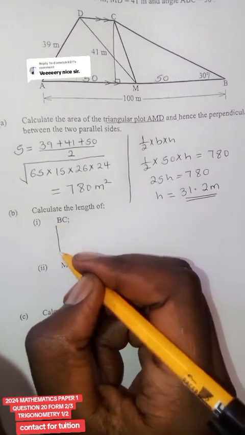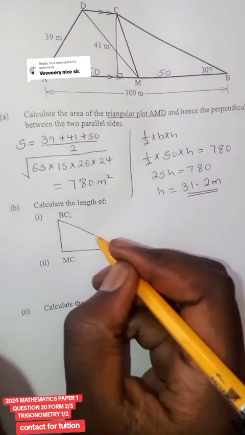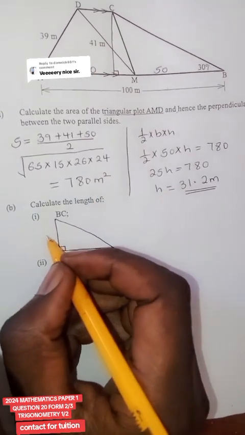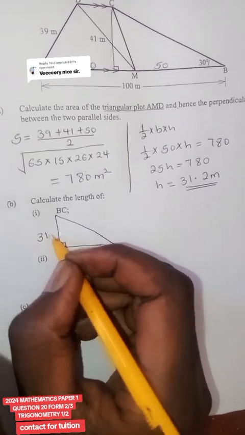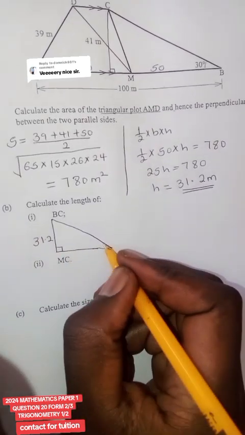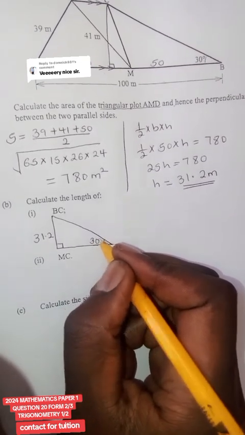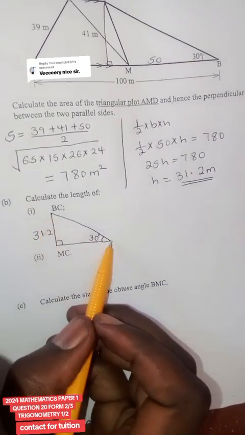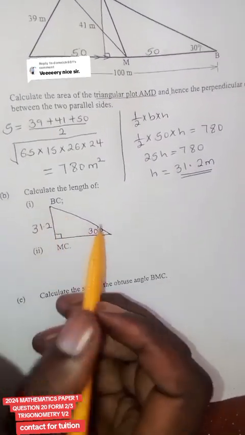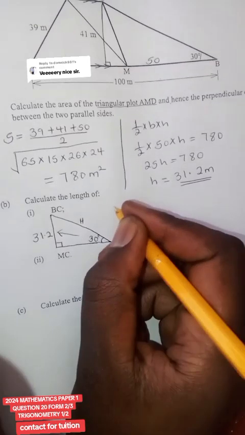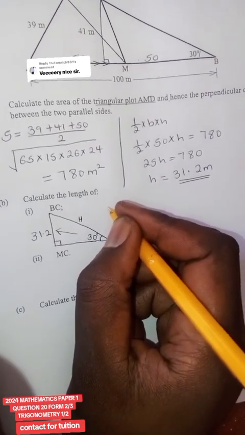For easier recognition, let me try to extract it out. So the perpendicular distance we have here is 31.2. Then the angle here we have is 30 degrees. So we want this one here. This one is the hypotenuse of the triangle. Therefore, we have the opposite and the hypotenuse. That one we are going to use sine rule.